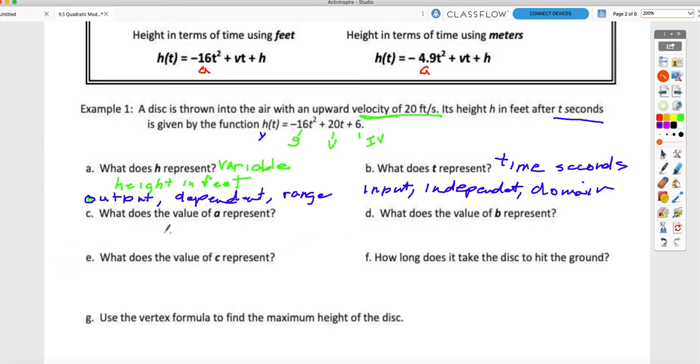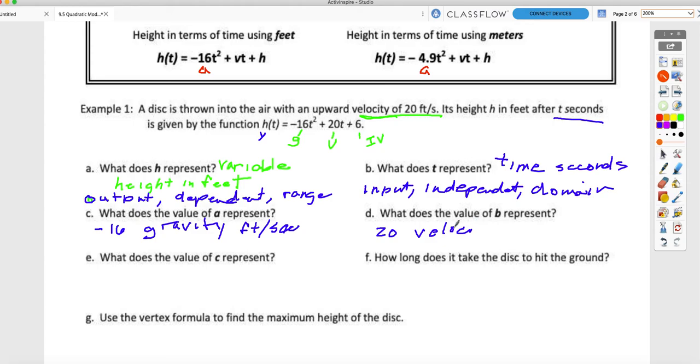All right, what does the value of A represent? The value of A is negative 16, and that represents gravity. And if it's a negative 16, it is in feet per second. What does the B represent? That represents 20, which is velocity.